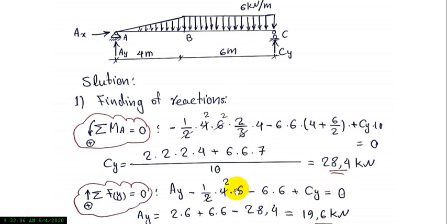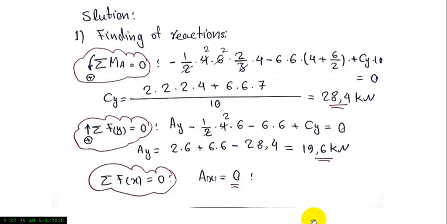After the operations, we carry them to the other side of the equation. Ay is equal to 2 times 6 plus 6 times 6, minus Cy. We put the value of Cy in this place, so it equals 19.6, and the reaction Ay is also calculated.